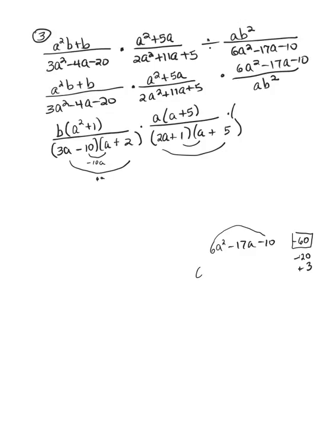So we have 6a squared minus 20a plus 3a minus 10. And we factor by grouping. So we could take out from these two a 2a, and we get 3a minus 10. And from here, we have 1 times 3a minus 10. So this factors into 2a plus 1 times 3a minus 10. And we'll put that up here.